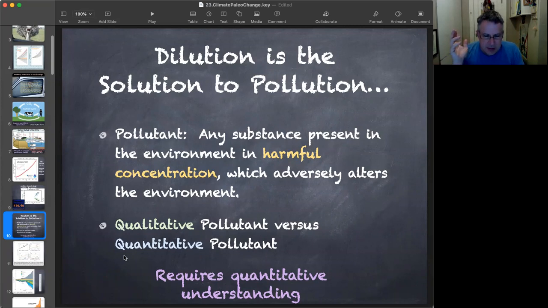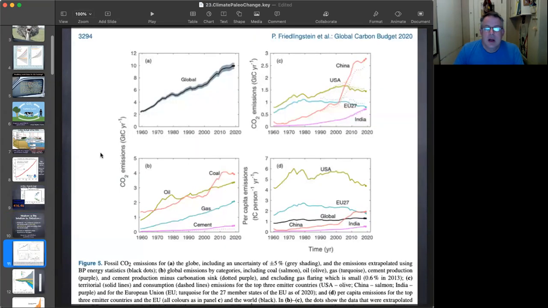That's what plants breathe, in small amounts, in the natural amounts, but in excess quantity, it starts to trigger adverse effects on the environment. So again, we're coming back to the notion that quantitative understanding is key to understanding climate change.